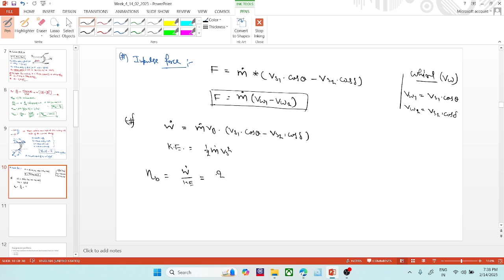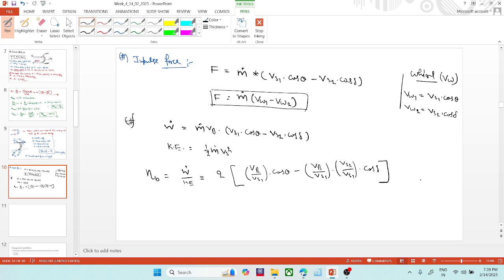So the expression would be twice of VB by VS1 into cos theta minus VB by VS1 into VS2 by VS1 into cos del. So this is the expression.